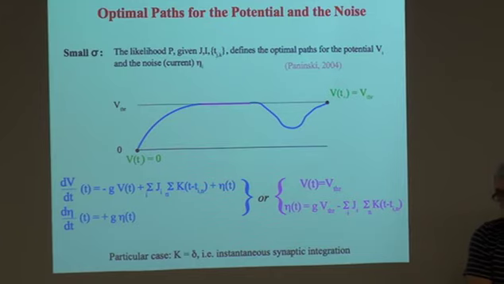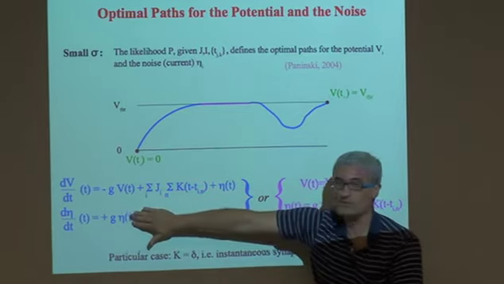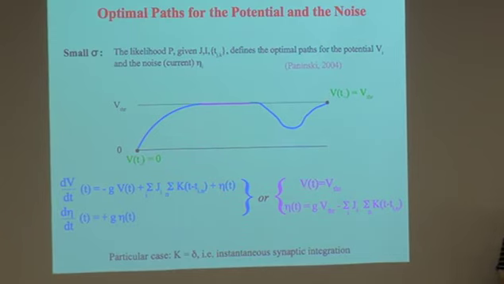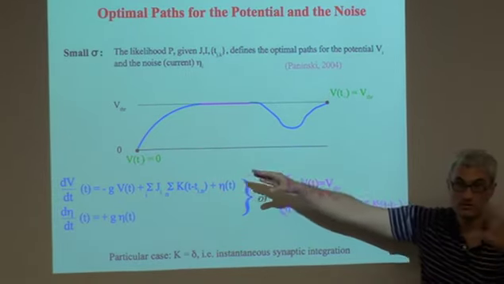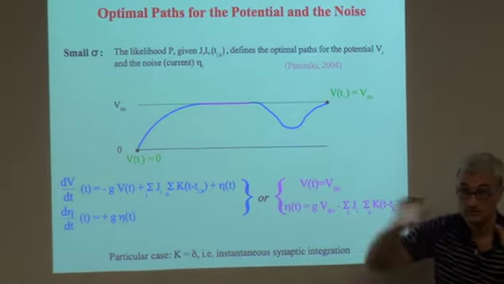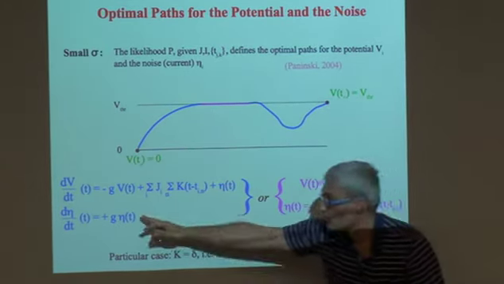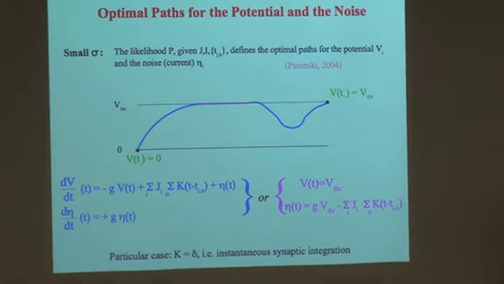Basically, you get from this minus the square, this Gaussian. Yes, so you can say that the whole information is the result of this. Yes, exactly. So the potential is obeying the same equation as before, but this term here is now not a noise anymore. It's a deterministic input current, given by the solution of this equation.